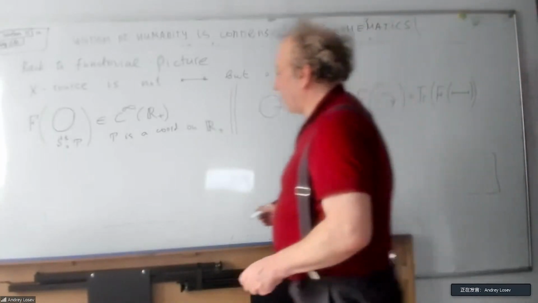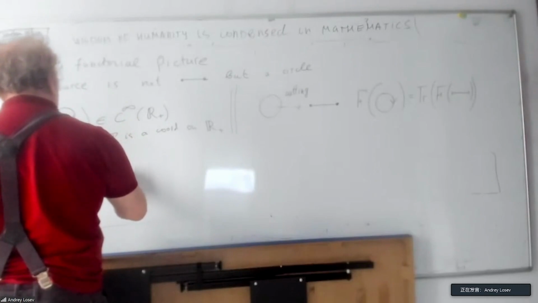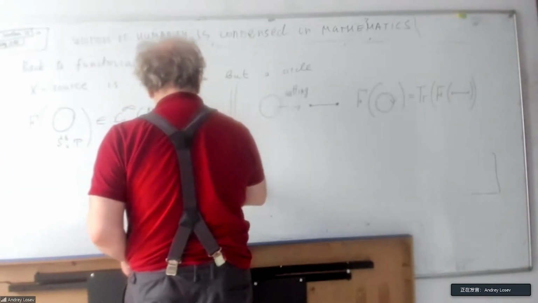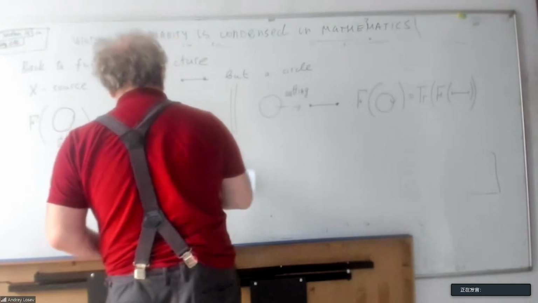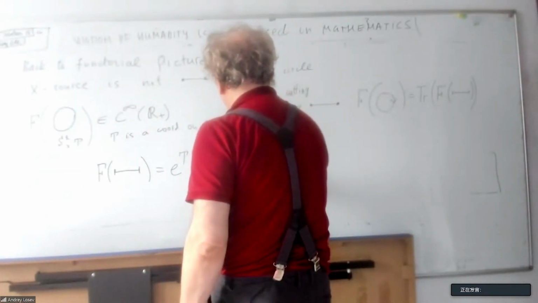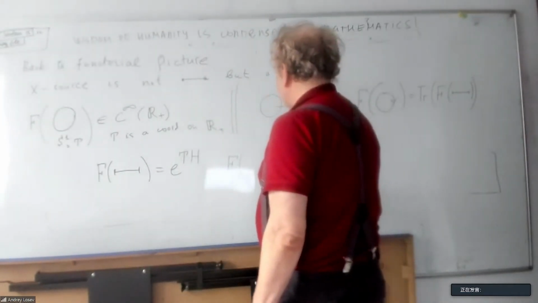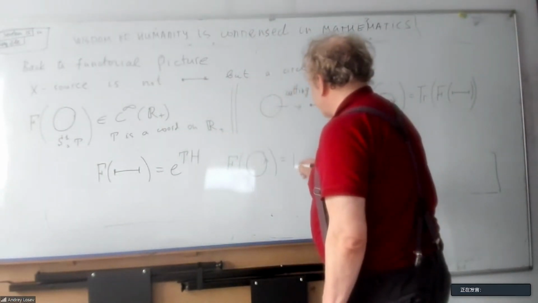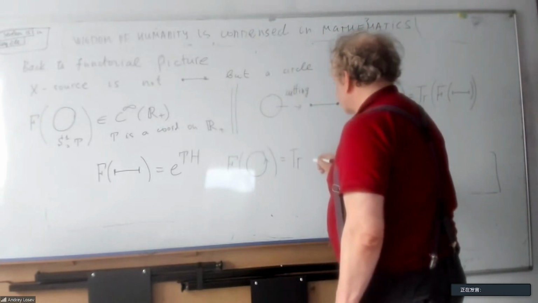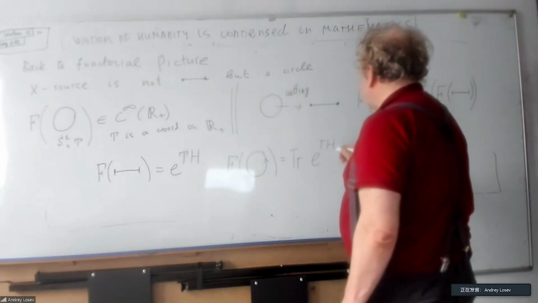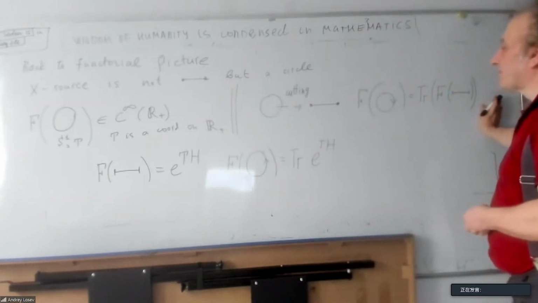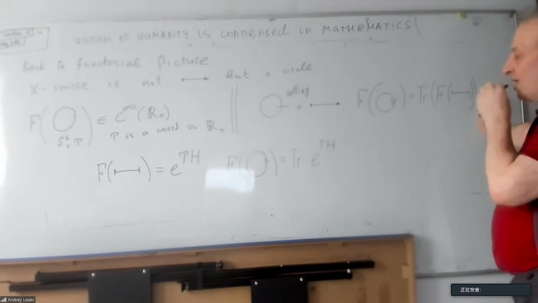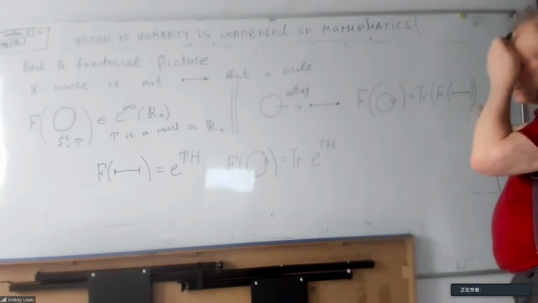Now we know that f for the interval is e to the tH, capital H. That's why f for a circle should be the trace of e to the tH. Good.